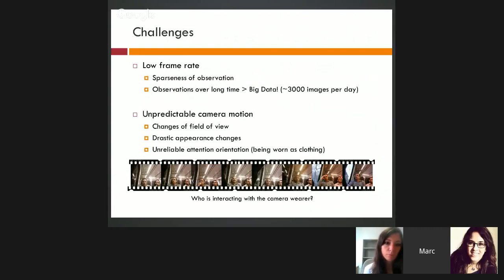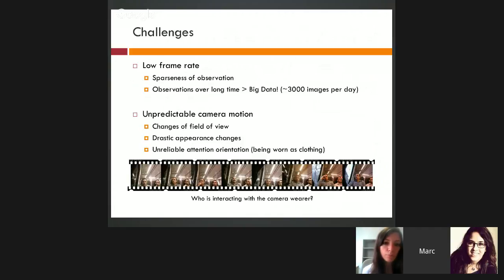There are several challenges coming with the problem all in all, and with this type of images in specific, that can be divided in two categories. First of all, the low frame rate of the camera results in the sparseness of the observation. You do not have much information, and on the other hand, we are capturing a lot of images, so we have a lot of data to process.